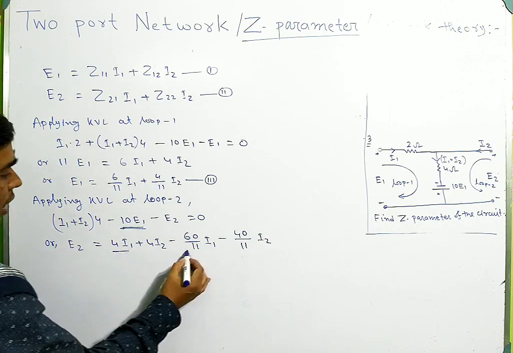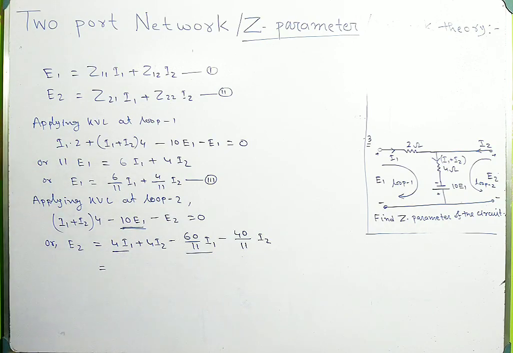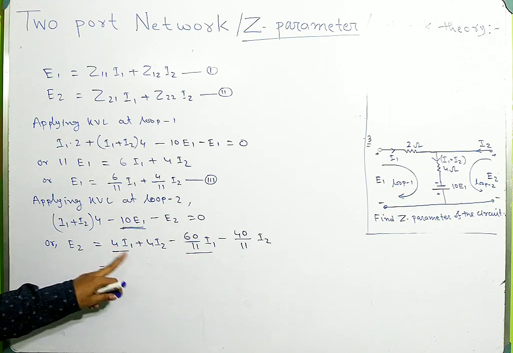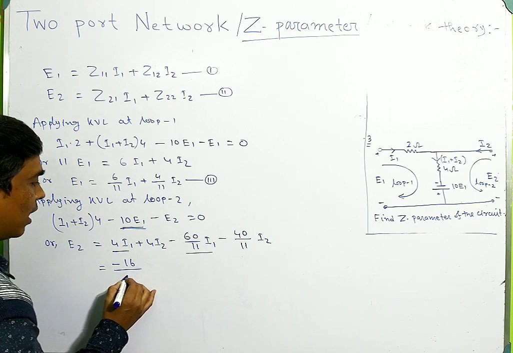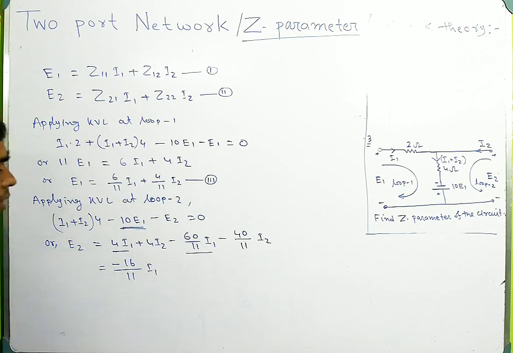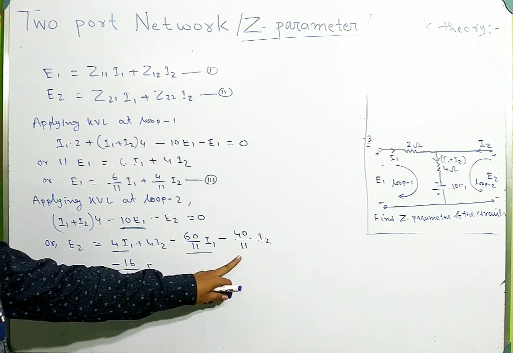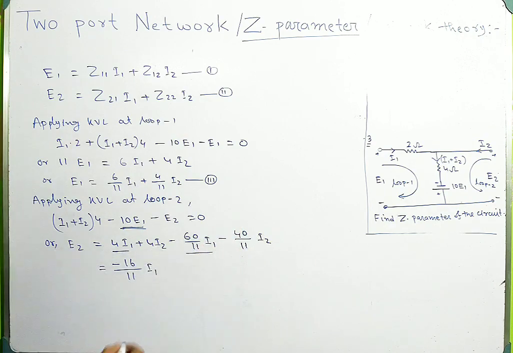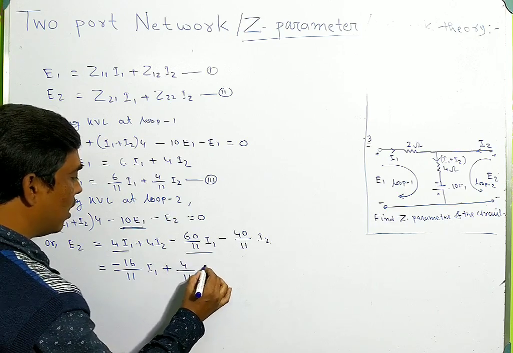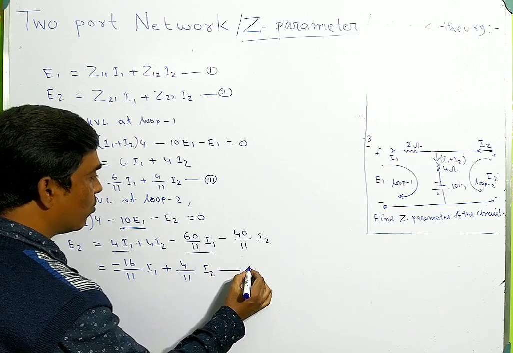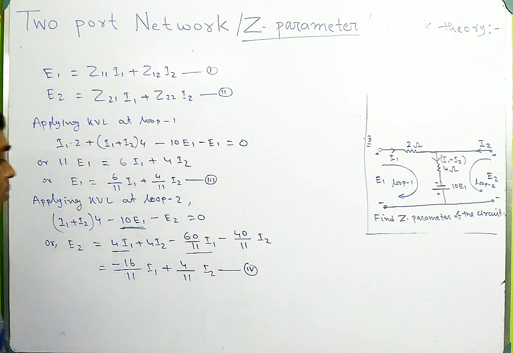These will be calculated, that means 44, so it will be minus 16 by 11 I1, and in this case 44 minus 40, so it will be 4 by 11 I2. This is equation 4.